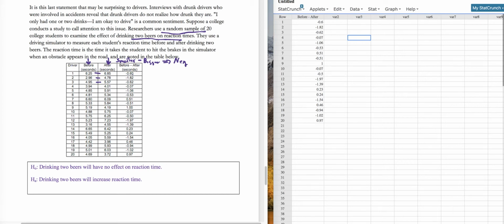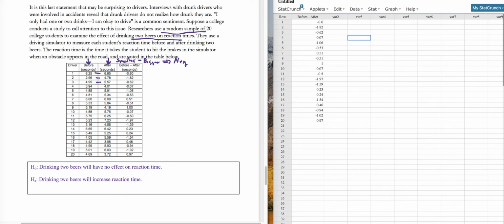So every time we see a negative number, that's telling us the amount by which the reaction time increased. For a few folks, like here, the after time actually decreased the reaction time. That's why this ended up with a positive number.